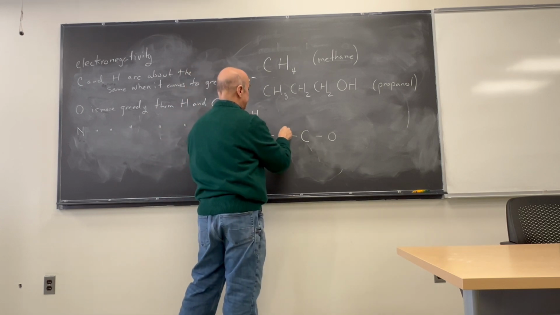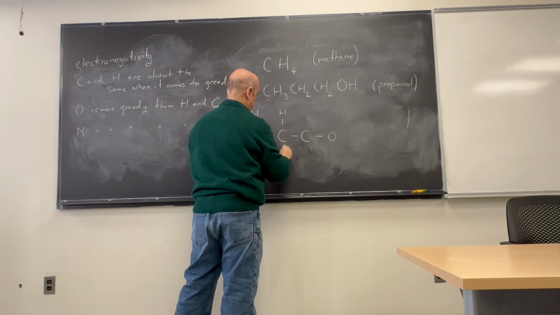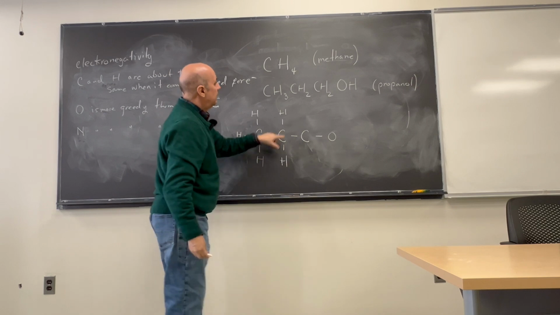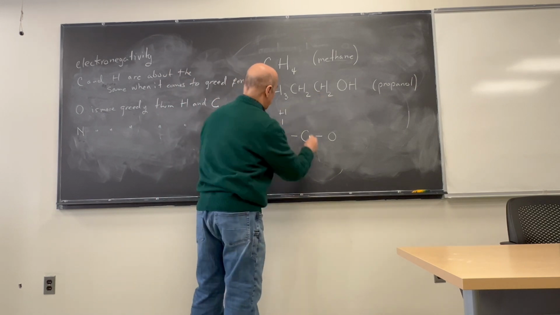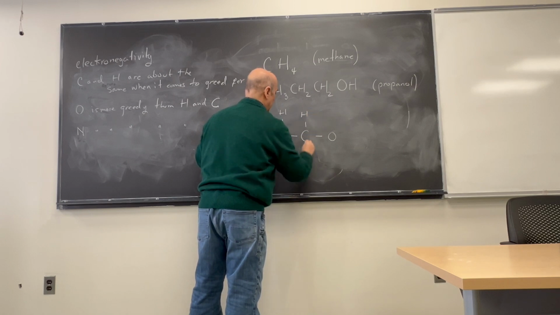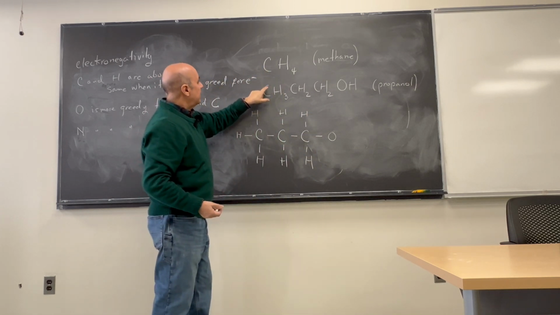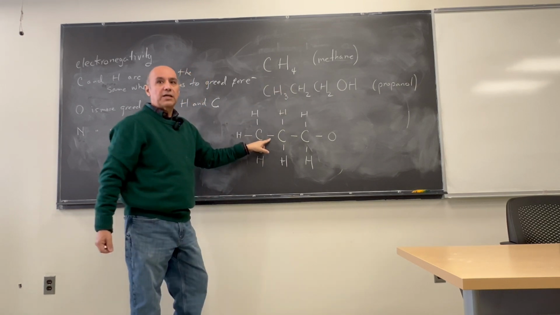This carbon has 2 hydrogens connected to it, 1 and 2. This carbon is also connected to 2 hydrogens, 1 and 2. Now, I haven't explained the fact that this carbon is also connected to this carbon, but I'm representing that with that dash.